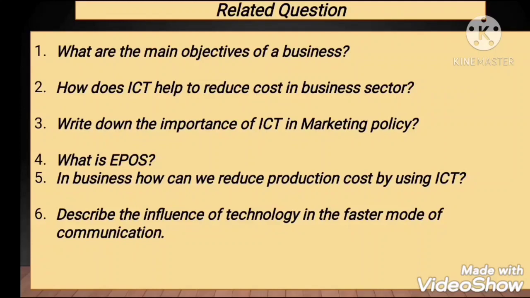Then question number 6: describe the influence of technology in the faster mode of communication. Here you will describe mobile phone, fax, internet, intranet, email, these few points. I think you are clear how to write the answers.